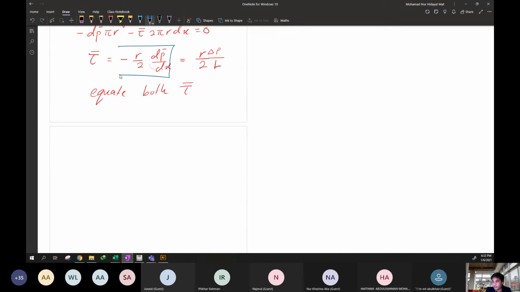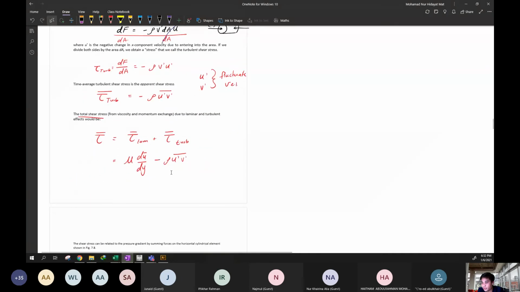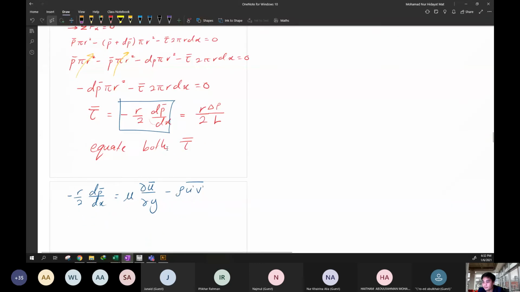So negative R over 2, the pressure drop over dx, equal to mu partial derivative u average over partial derivative of y minus u v average. This one, yeah. Okay, I equate this one with this one.